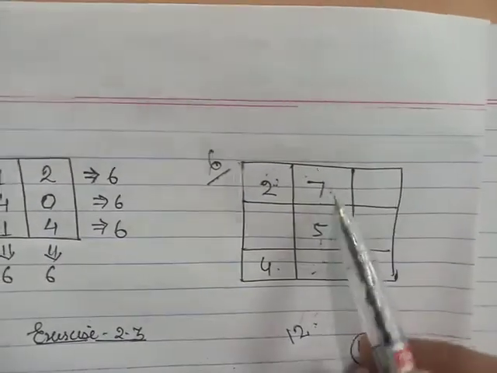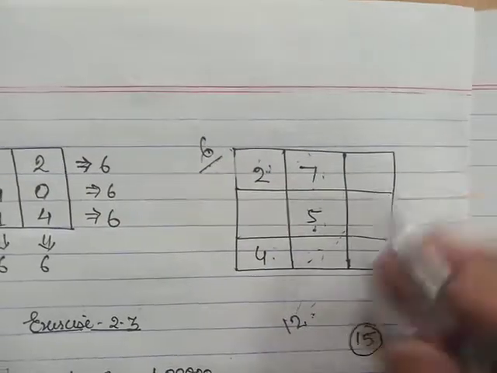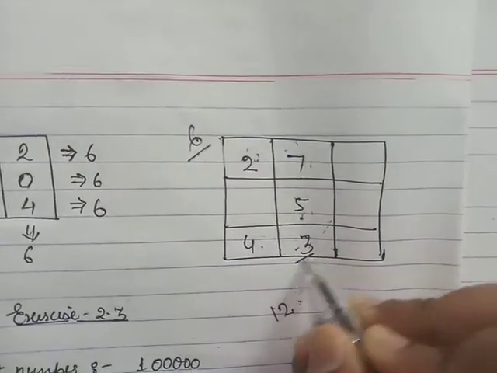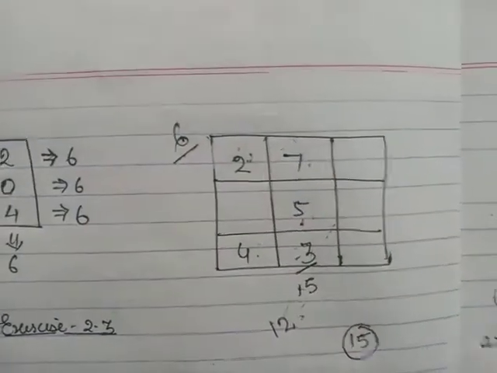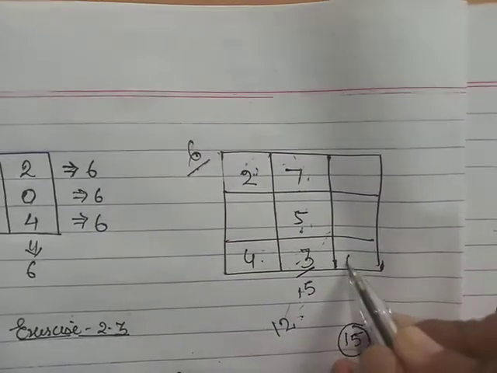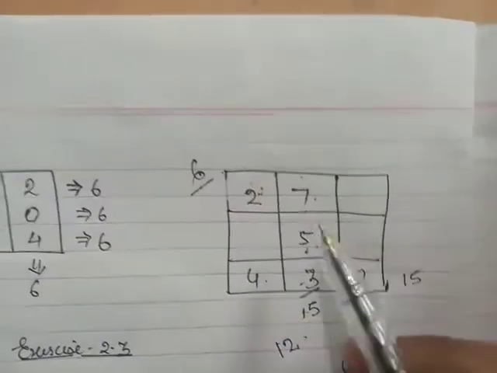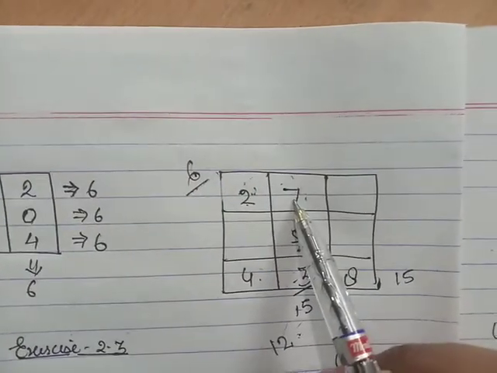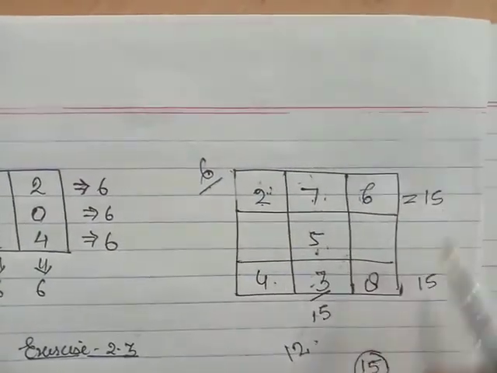You can see that 7 plus 5 is 12, 12 plus 3, that will be 15. Then 4 plus 3 is 7, 7 plus 8, that will be 15. Then 2 plus 7 is 9, 9 plus 6, that will also be 15.